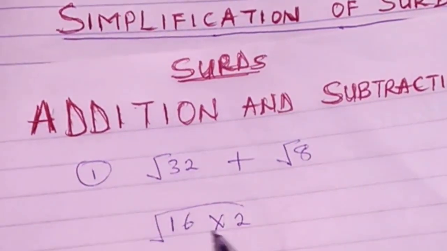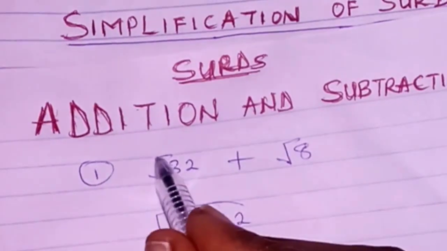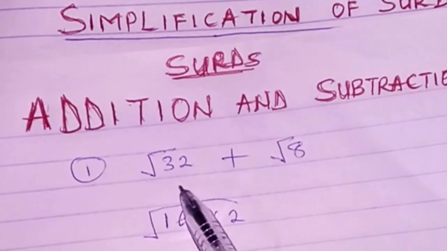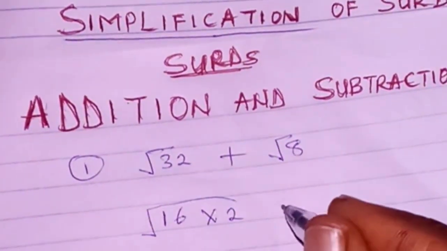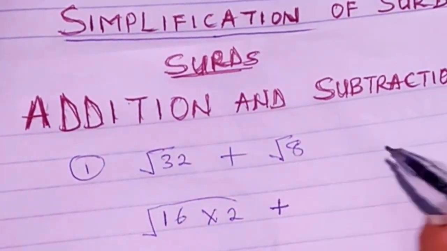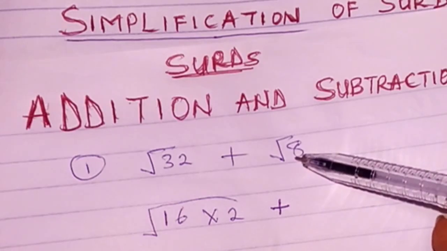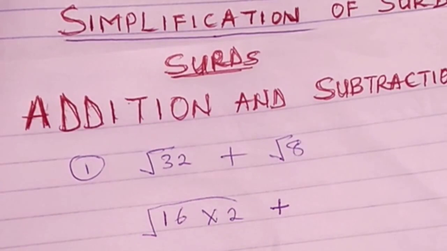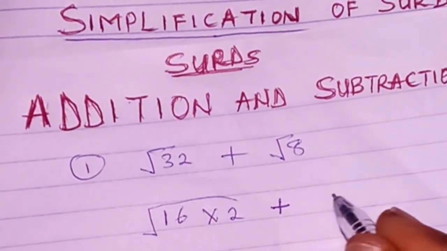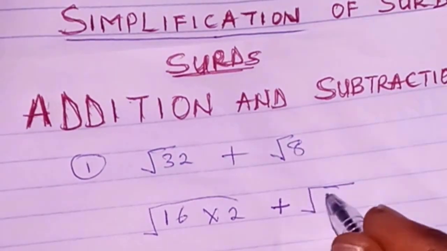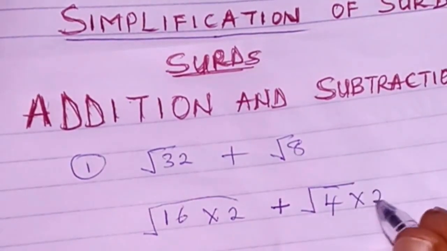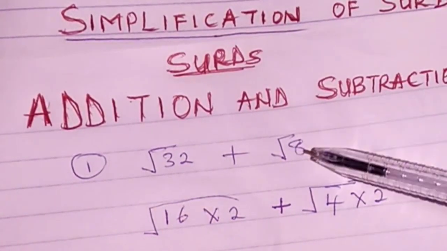So root 16 times 2 will give me root 32. Okay, now bring down my plus sign. How about 8? I can also break down 8 into two other simpler numbers. 4 times 2 will give me 8.